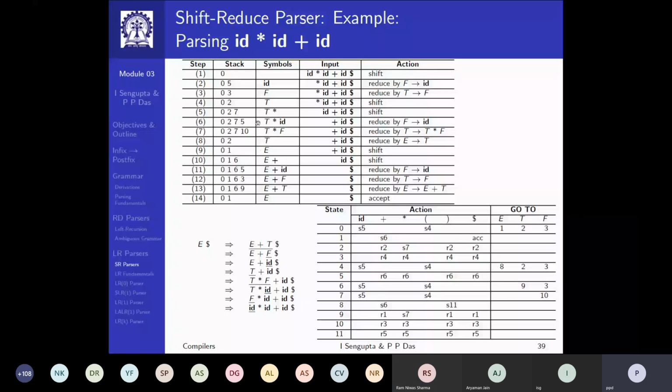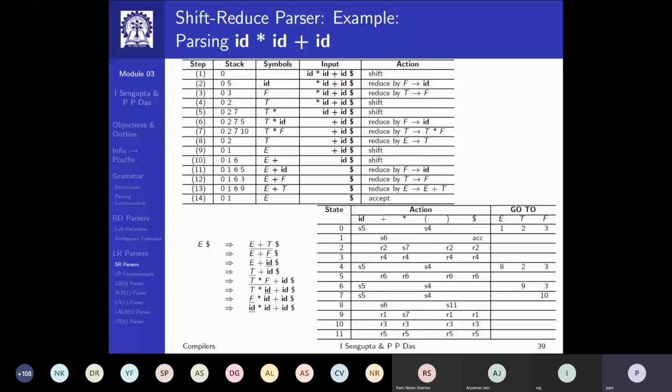Okay, thank you. So this is a stack of states, and this is a stack of symbols. Let's see how that works. And this is the input. So I will keep on taking the input. We start with this state, and the first step is the state on the top of the stack. At any point of time, the stack has a state on the top, obviously, because it's a stack.